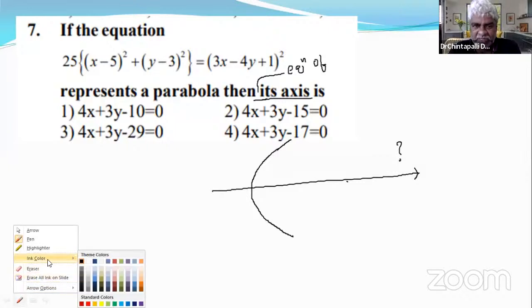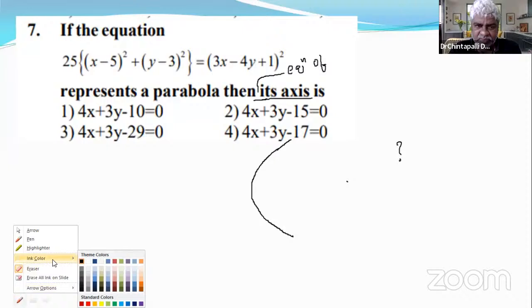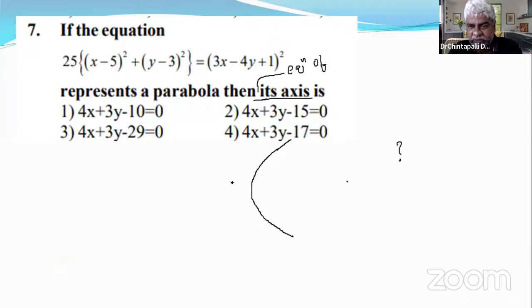In standard form, the axis of the parabola is the x-axis only. But here it is not the case. If the equation of the parabola is y square is equal to 4ax, then the axis is the x-axis only.